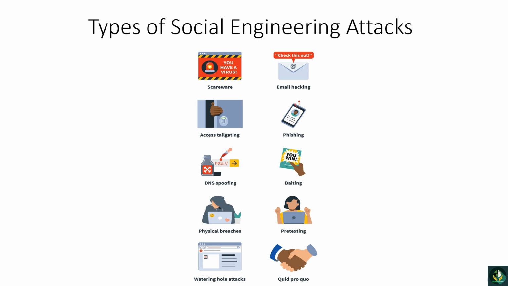Email hacking. It is our nature to pay attention to messages from people we know, and social engineers know this all too well. They commandeer email accounts and spam the contact list with phishing scams and messages.